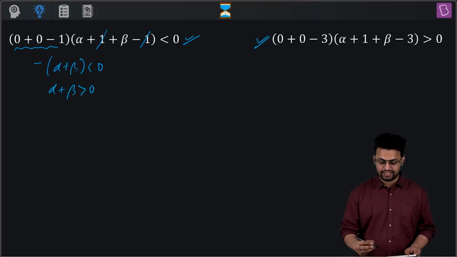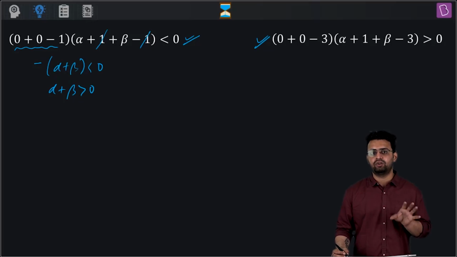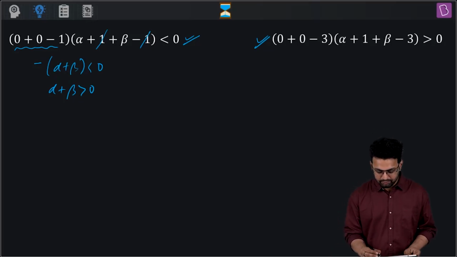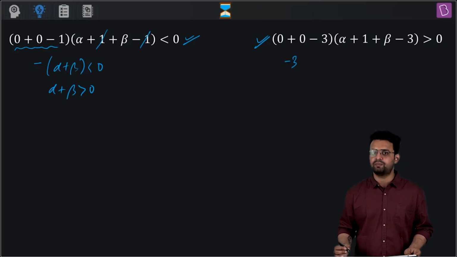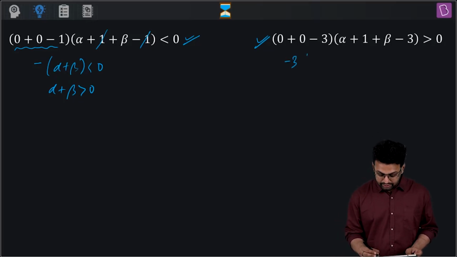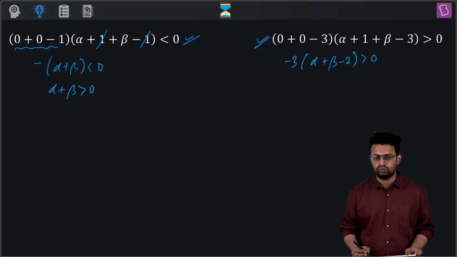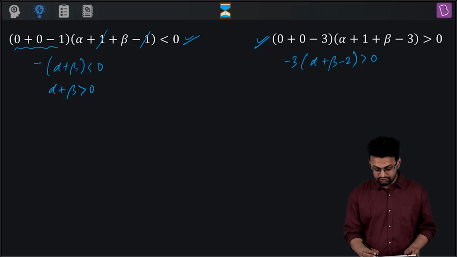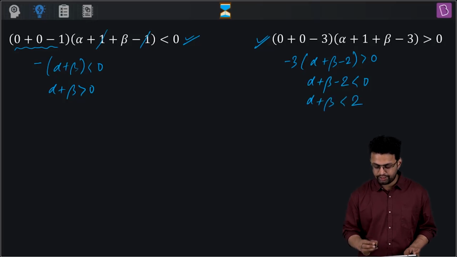Now if I consider the second inequality which we got for line L2, the first bracket reduces to minus 3 and the second bracket becomes alpha plus beta minus 2 greater than 0. Now if I divide both sides by minus 3, the inequality will get reversed. I'll get alpha plus beta minus 2 less than 0, or finally alpha plus beta less than 2.